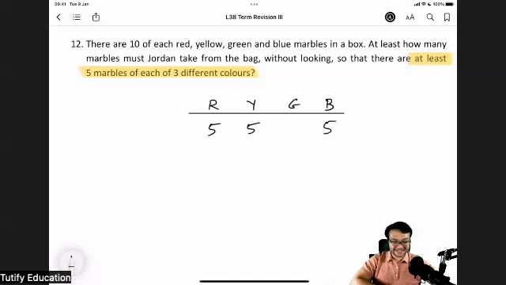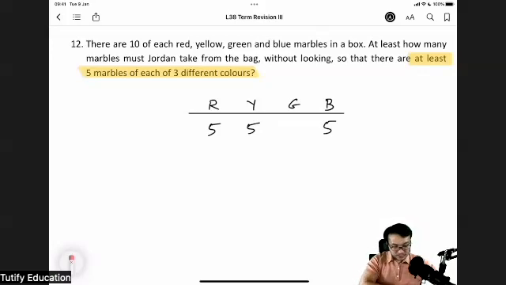Well done, Kate. Okay, Kate, let's do the question properly. We want to get 5 marbles of 3 different colors. However, we must assume that we are not so lucky because you are not allowed to look inside the bag.